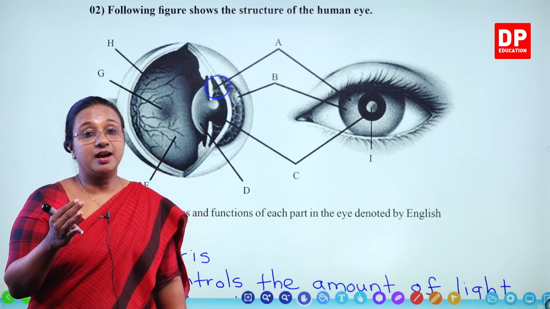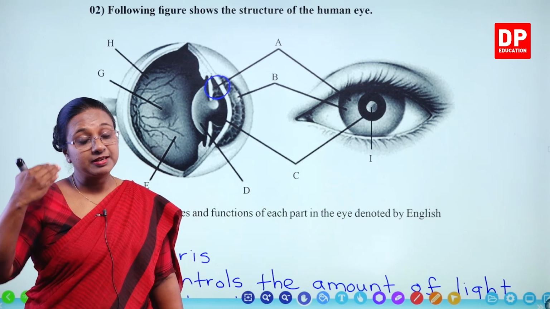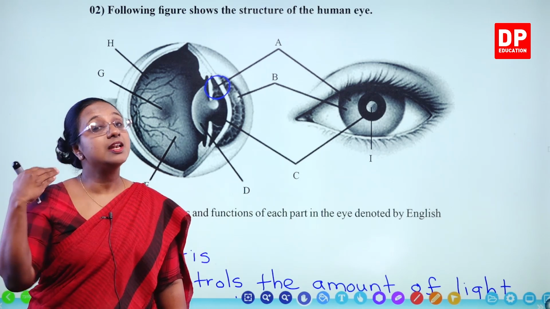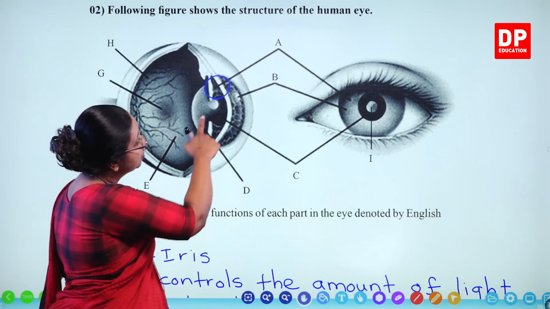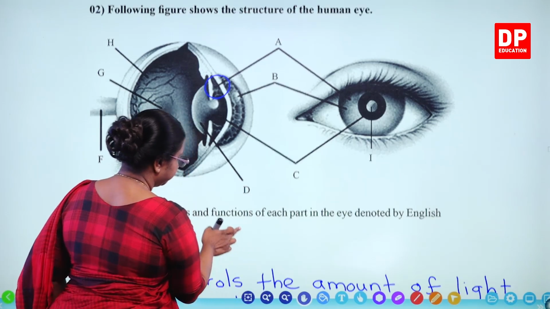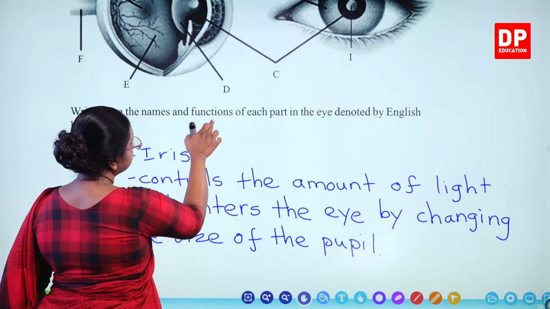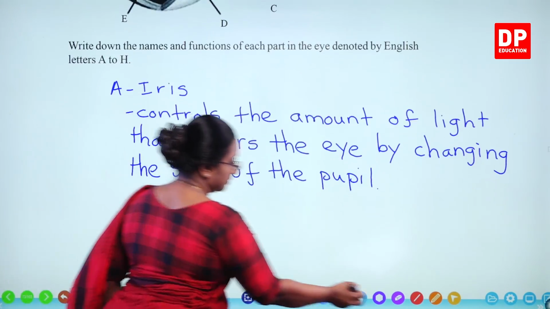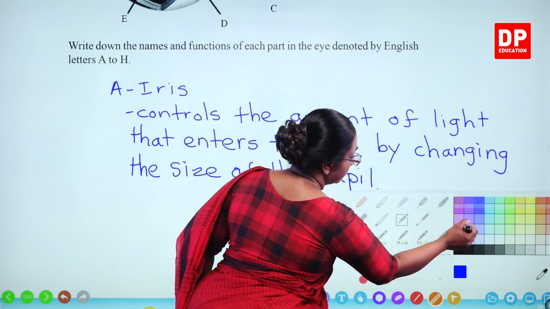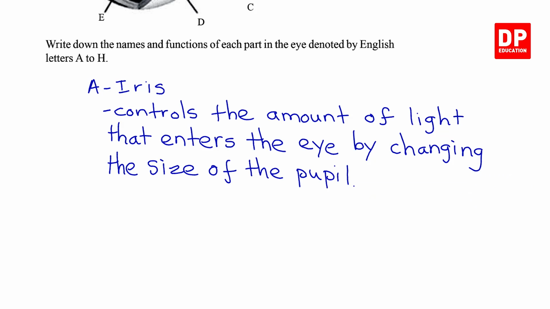That is the cornea. Transparent layer, it protects the eye as well as allows light rays to pass through. So, B is cornea.